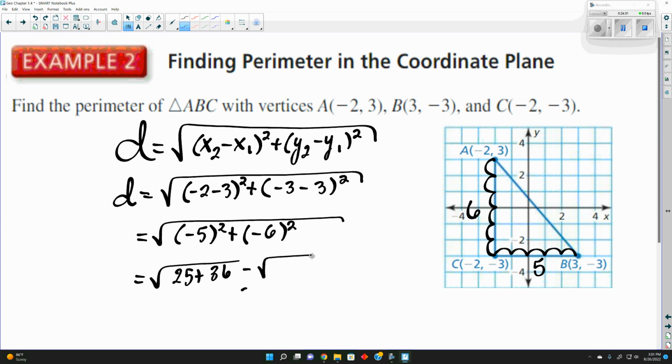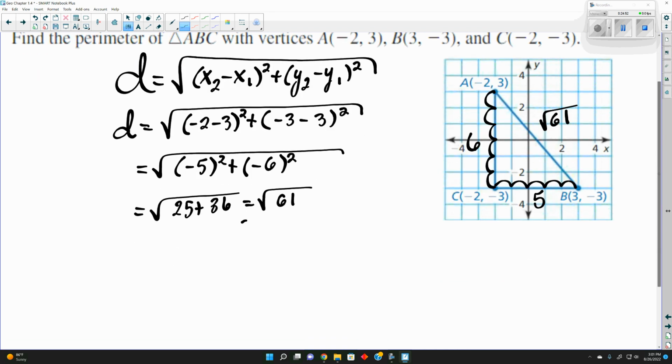And 25 plus 36 is 61. Square root of 61. And that's as simplified as it gets. Because the radical won't simplify, this is as far as it gets. Any questions on this here for finding the 3 sides of this triangle?